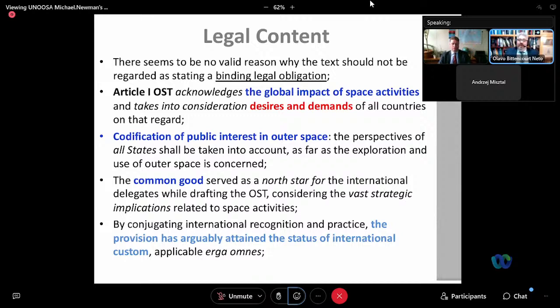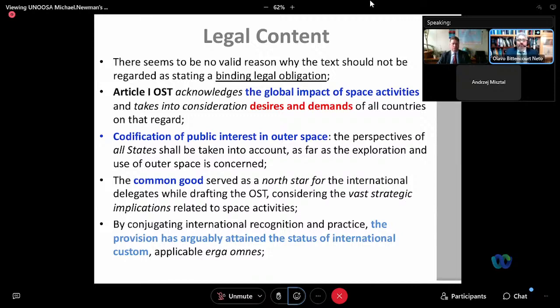But arguably, the most important legal implication of the provision is that it codified the public interest in outer space. Consequently, the perspectives of all states, North and South, East and West, large and small, shall be taken into account as far as the exploration and use of outer space are concerned.